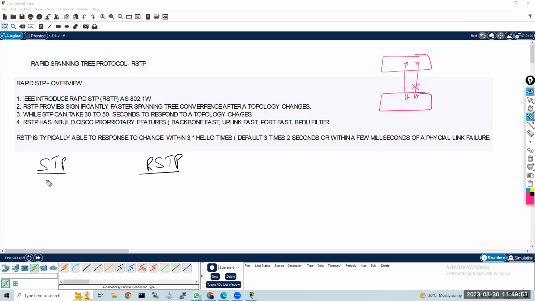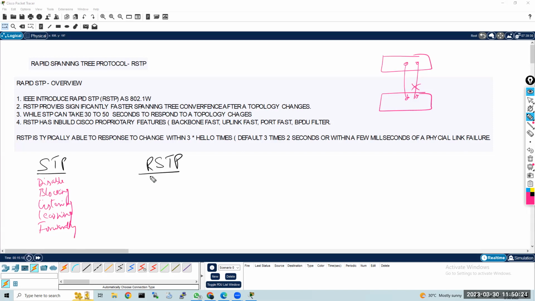In spanning tree, the first state is disabled, then blocking, then listening, then learning, then forwarding. This is how spanning tree works.